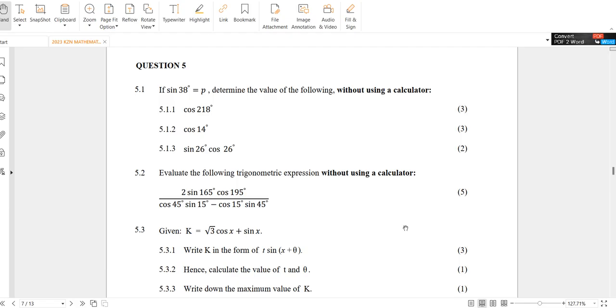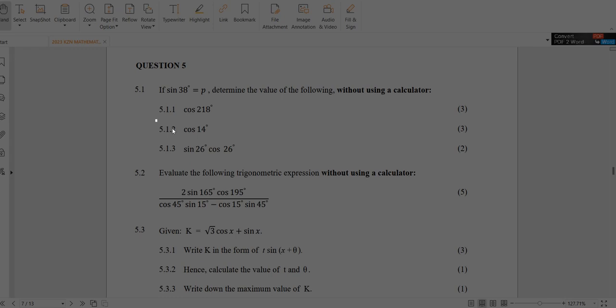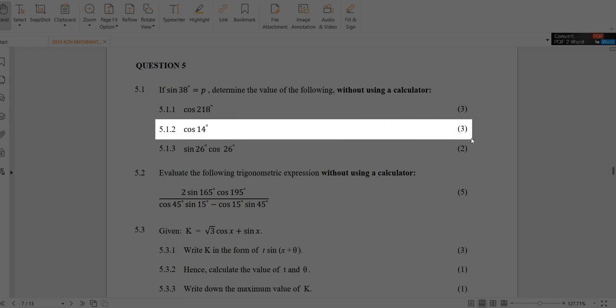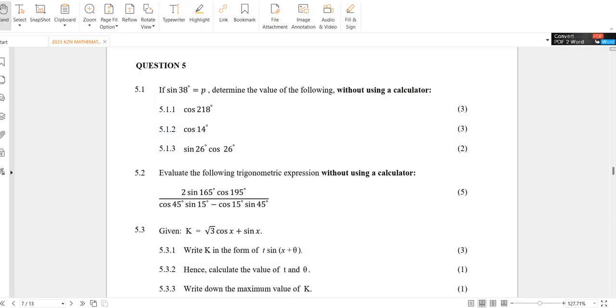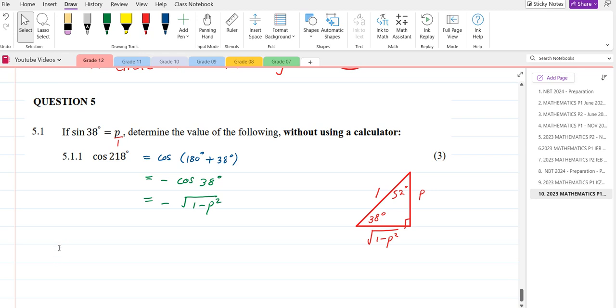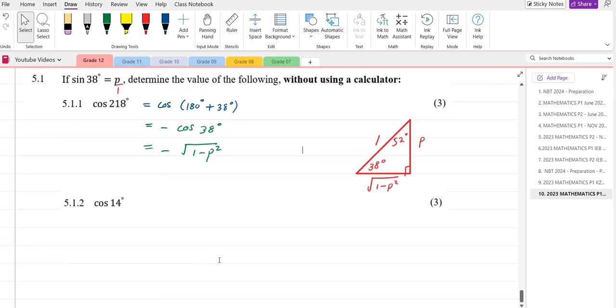Cos of 14 degrees. Now obviously to get 14 degrees we need to use either compound angles, double angles or special angles. Let's see if you can take a difference and get 14. Yes, we do get 14: 52 minus 38. So let's write that down.